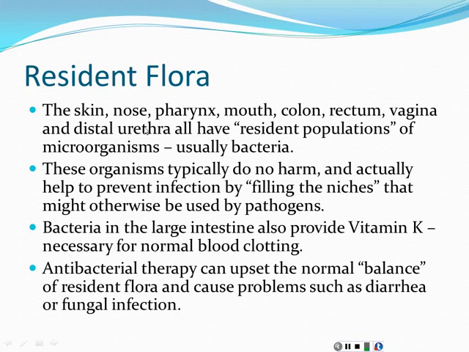Typically, they don't do any harm, and they can actually help prevent infection by pathogenic bacteria because they take up all the space. In the large intestine, for example, one of the reasons it's hard to get an infectious bacterial diarrhea is that the bacteria that live there take up all the space and all of the niches, so there's nowhere for anything to get going. Also, the bacteria in the large intestine make vitamin K, which we need for blood clotting.